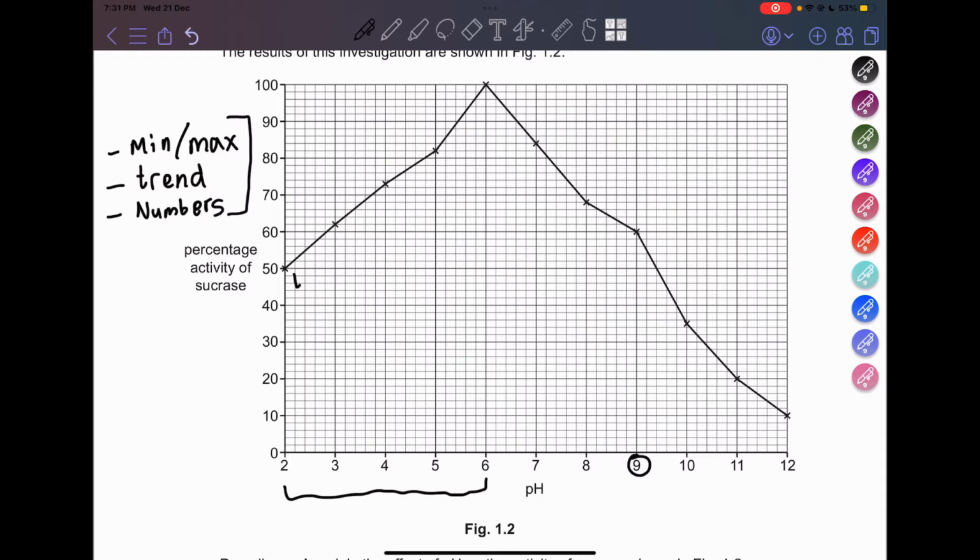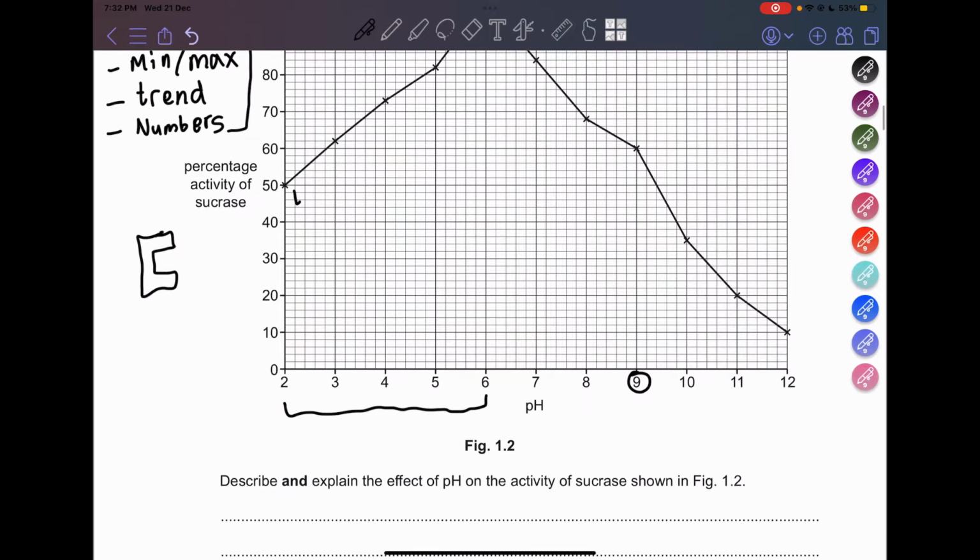Let me complete. So now from pH 6 until pH 12 it is decreasing because the enzyme is getting denatured. That means that the active site can no longer bind with the substrate. For example, if the active site was this shape before it got denatured by increasing the pH, the substrate would fit in like this.